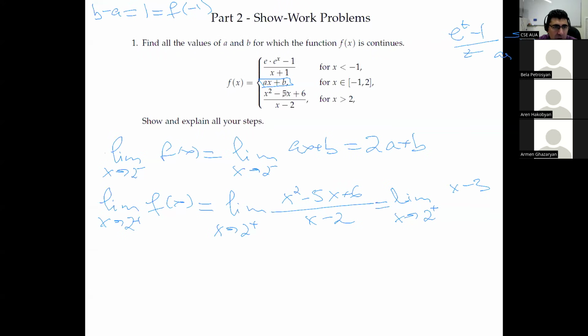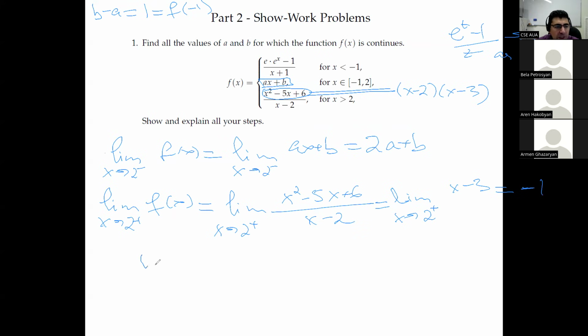So x squared minus 5x plus 6 is x minus 2 multiplied with x minus 3. We have two roots, 2 and 3. So here we'll get minus 1.